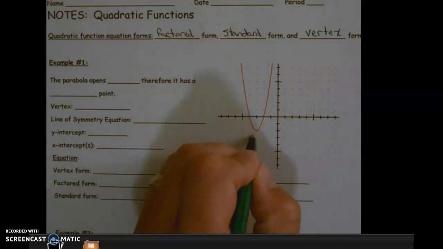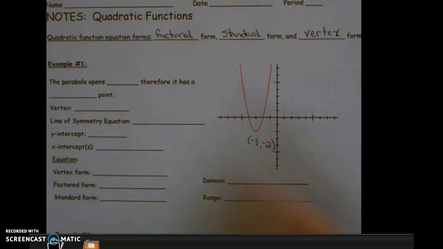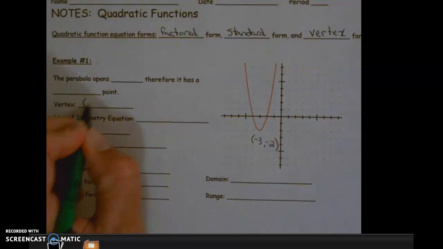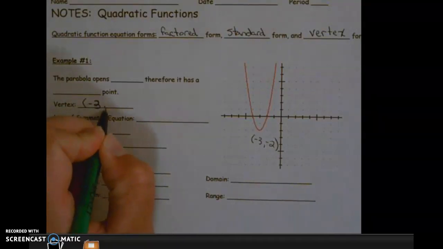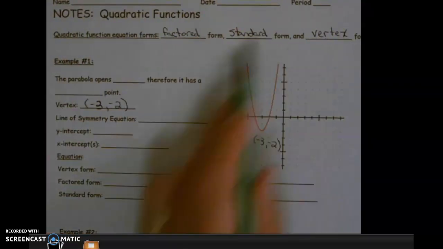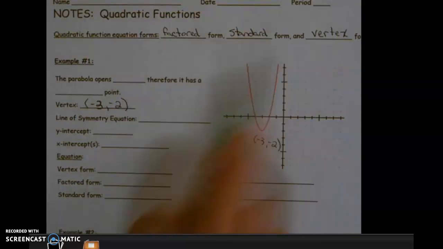So we have a vertex of -3, -2. We can go ahead and write that in right over here, actually. Actually, let's find all the key features, and then we'll go ahead and write it in these three formats, okay?